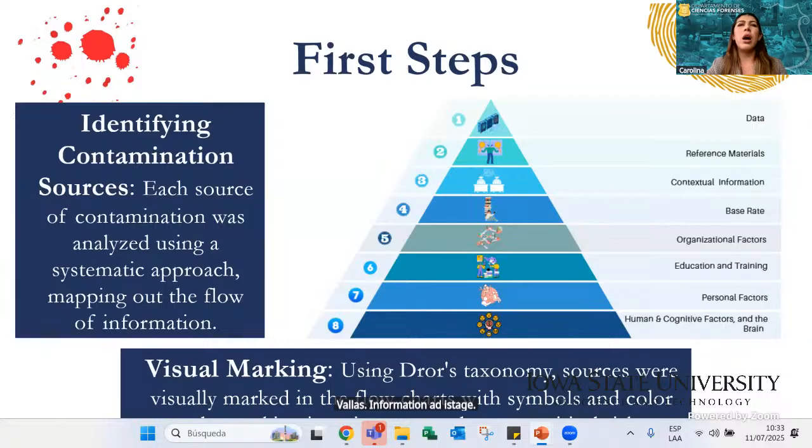Then we had working sessions with the team to identify the potential sources of cognitive contamination in the section's processes. Using Dror's taxonomy, sources were visually marked in the flowcharts. We have these symbols and color codes, making it easier to spot the most critical risks.